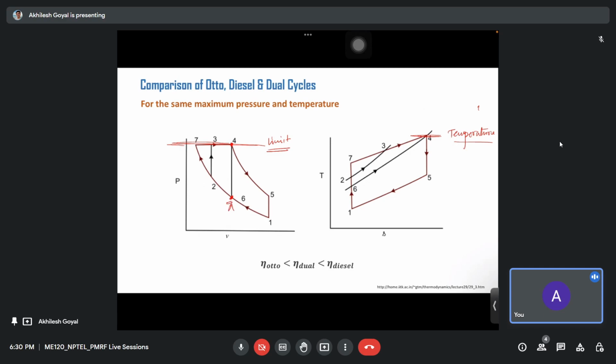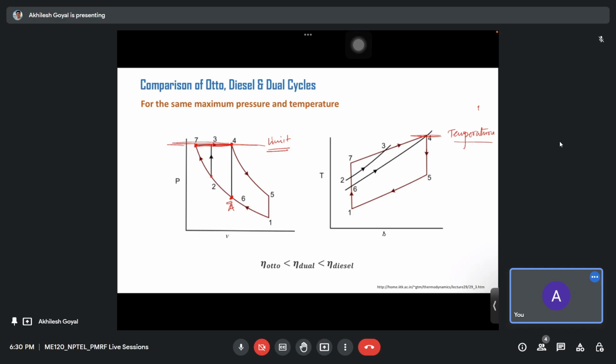So for Otto cycle, we have to add heat at some point A to reach point 4, to reach that pressure, because here the heat addition is at constant volume. But if we consider the diesel cycle, the heat addition is at constant pressure, so we can increase the compression ratio in such a way that we can reach the limiting pressure after the compression itself, because the addition is at constant pressure only.